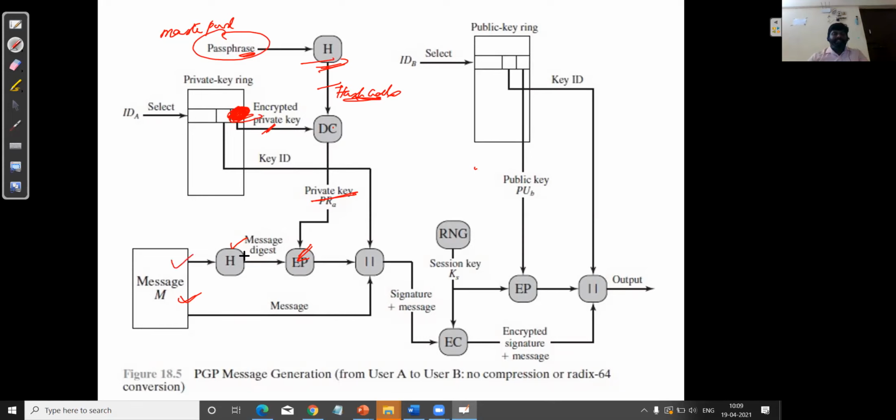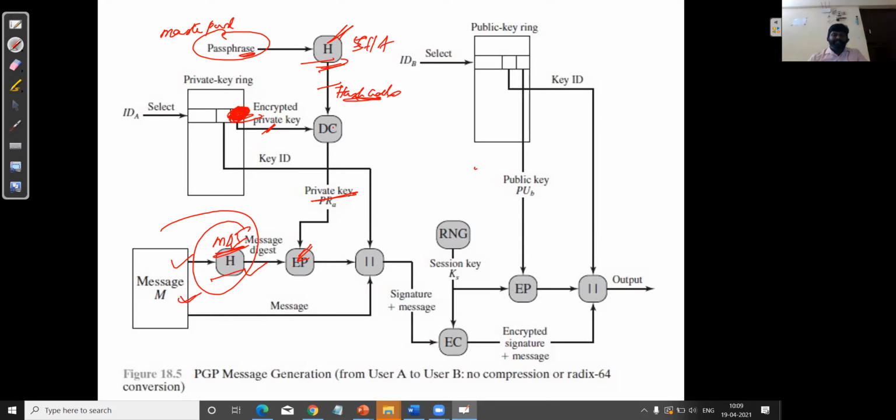So here is the message hash function. This is a different hash function, not the same hash function. Say, for example, this is the SHA algorithm which you use; this can be the MD5 algorithm, which is decided by the email security service.